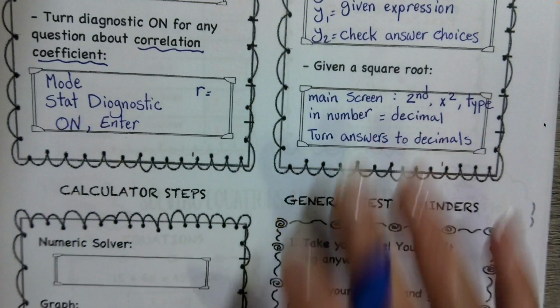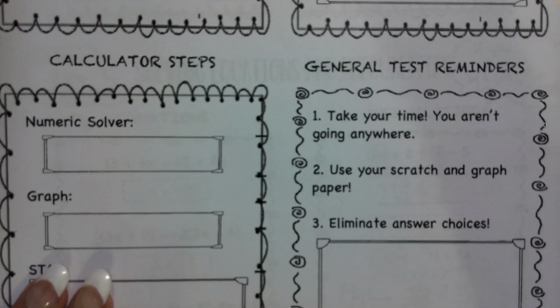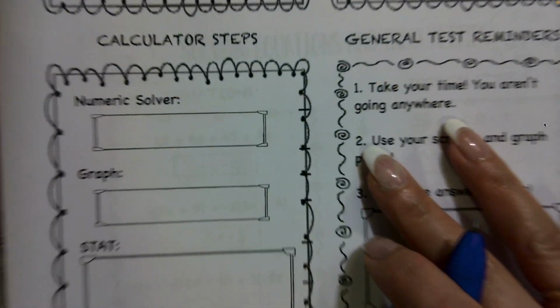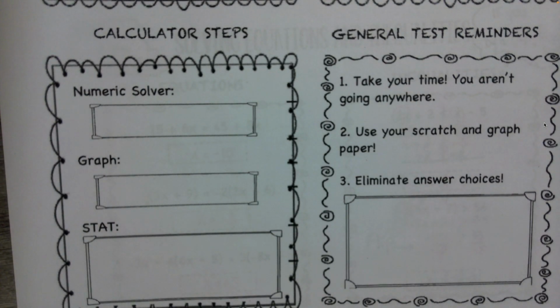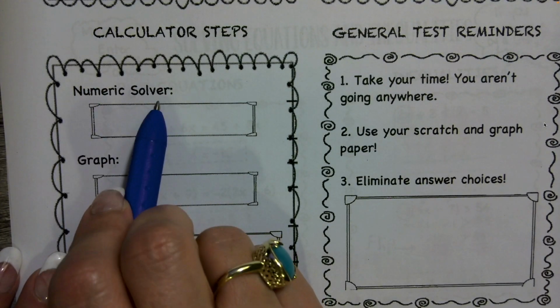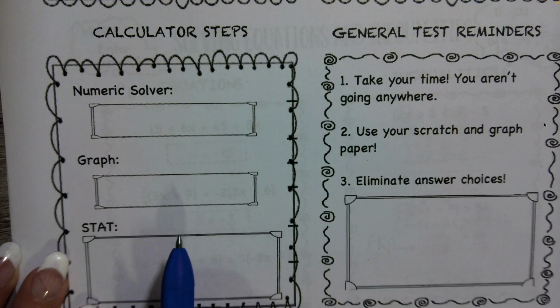You guys all know about these. I just wanted to have some sort of written proof that we talked about this. Okay, so calculator steps. Numeric solver is the one that you have two boxes, remember, to solve your equation.